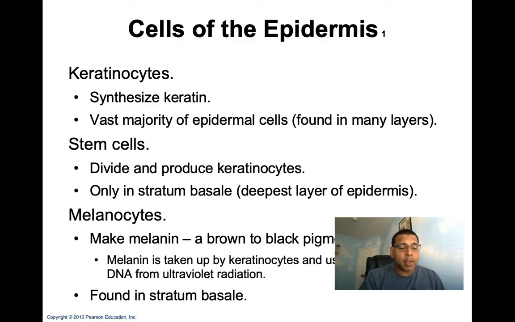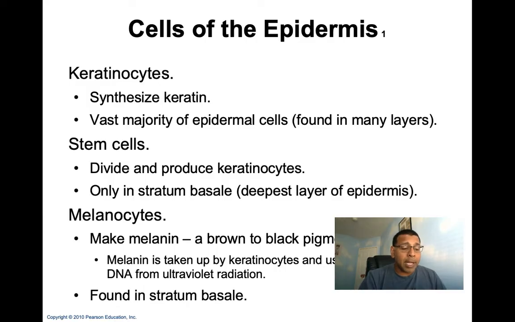Melanin protects our DNA against UV. Melanin is taken up by our keratinocytes, and it's used to protect their DNA from UV. And then we obviously put sunblock and help give it even further protection.